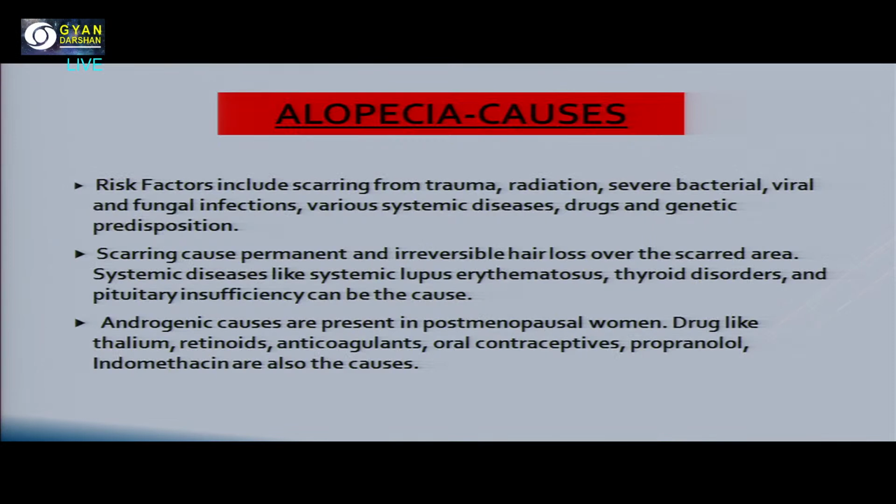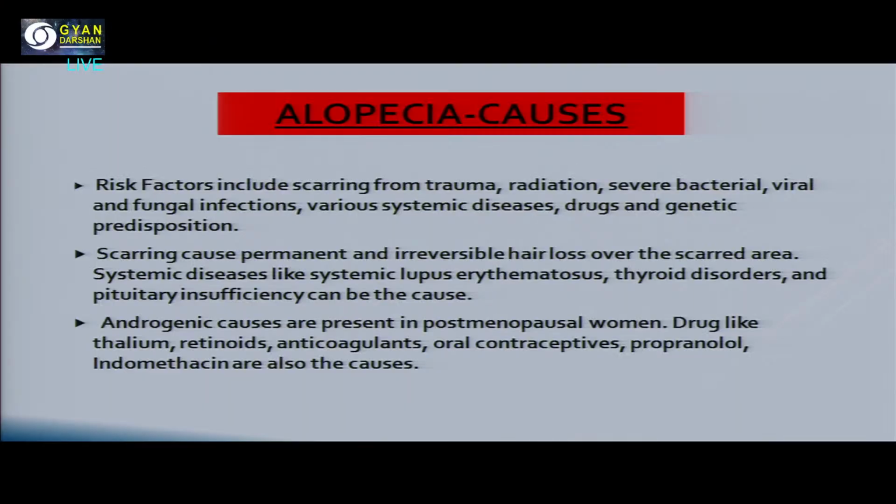So, risk factors, we know it can be scarring, radiation, your own body immunity may be low, there may be lots of infection, genetics is also one of the reasons. Scarring may also cause permanent and irreversible hair loss. If there are other infections of the skin that are affecting your head, like dermatitis and all, they may also lead to this problem. Other diseases like systemic lupus erythematosus, thyroid diseases, pituitary diseases can cause it.